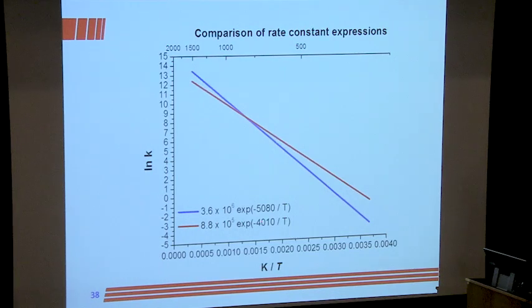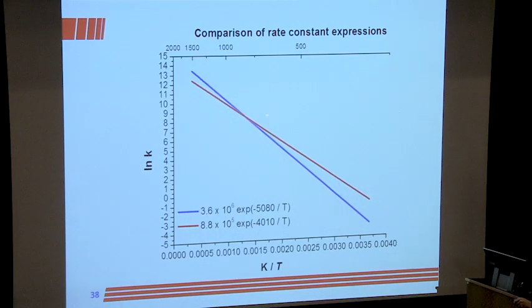The activation energy is lower here, but the frequency factor is lower. So at lower temperatures, the rate constant is faster with the lower activation energy than the one with the higher activation energy. That makes sense because it's exponentially dependent on the activation energy over T. So if we have a higher activation energy, the rate constant is lower at low temperature.